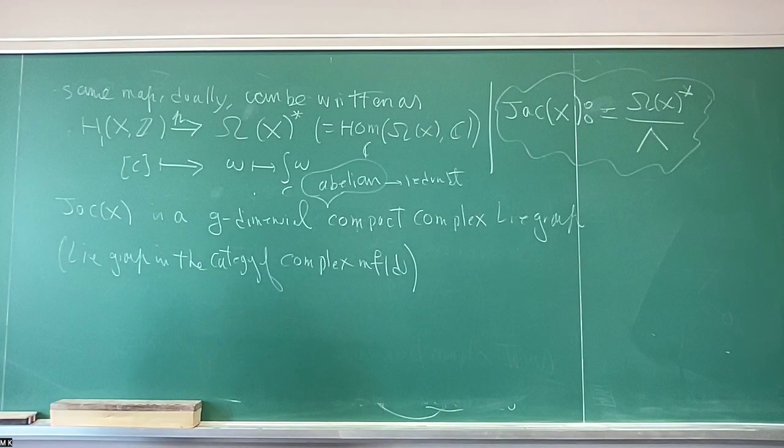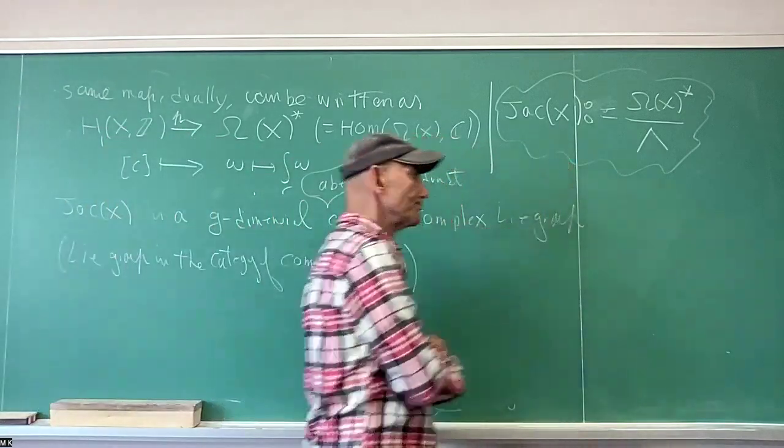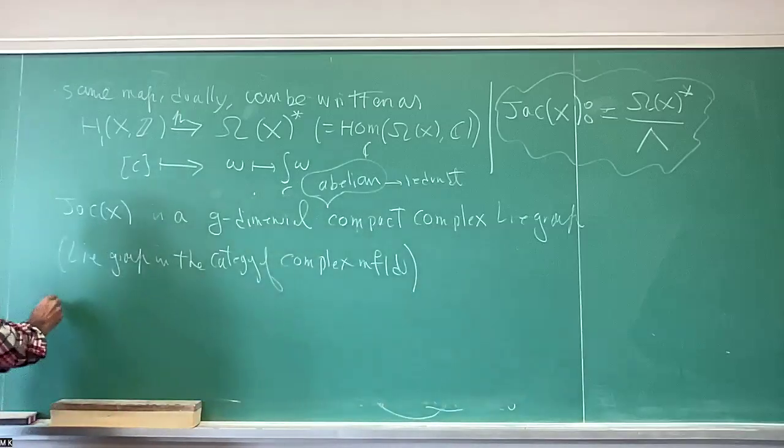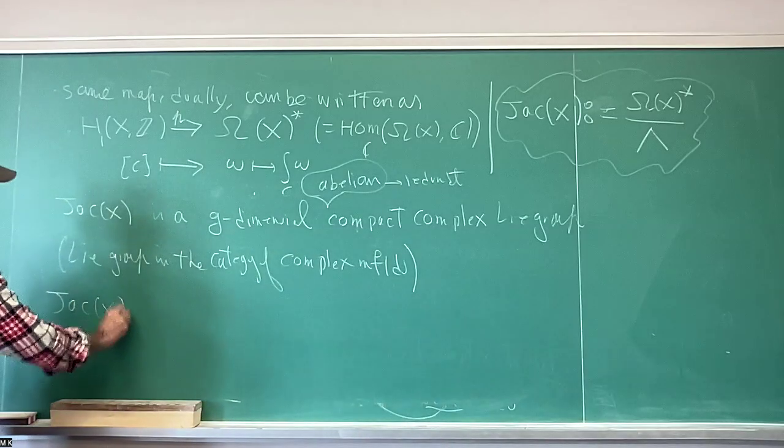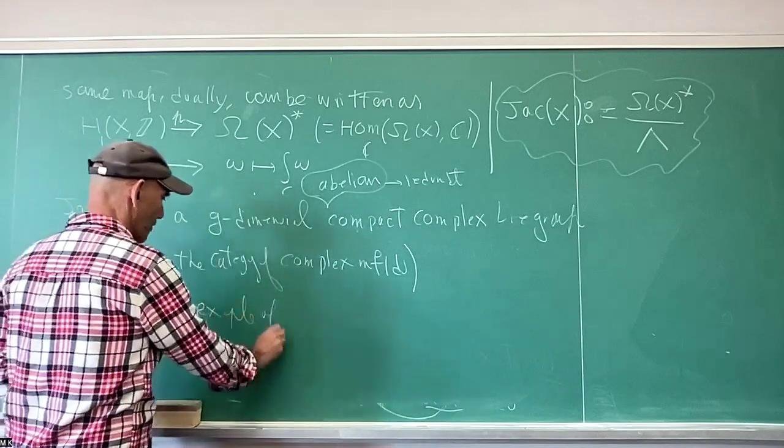And that's not what you have with real Lie groups. There are beautiful non-abelian compact Lie groups, like SU(n), SO(n), a lot of these groups that are non-abelian compact. But in the complex analytic category, any compact Lie group is abelian. So I don't even have to say that, but in this case, it's by construction abelian. So Jac X is an example of an abelian variety.